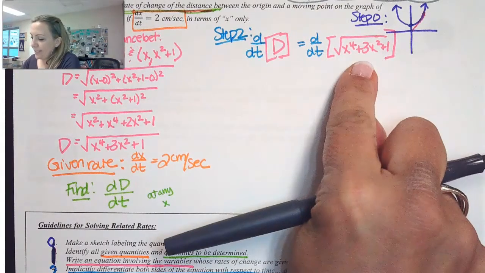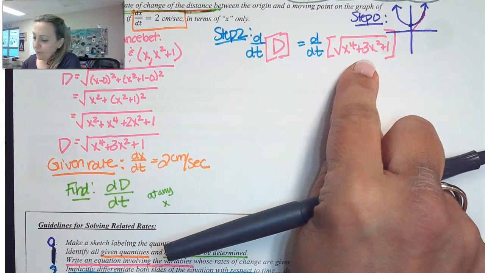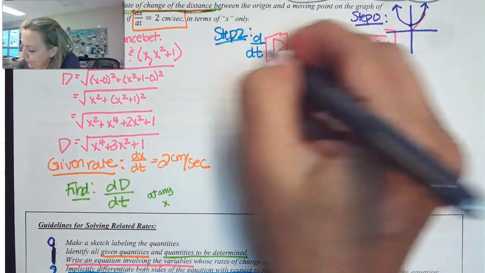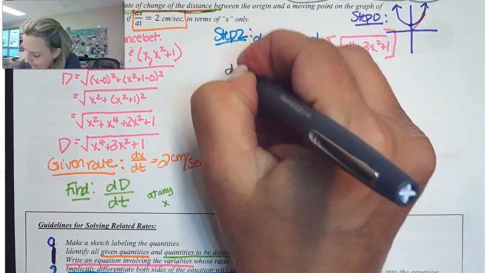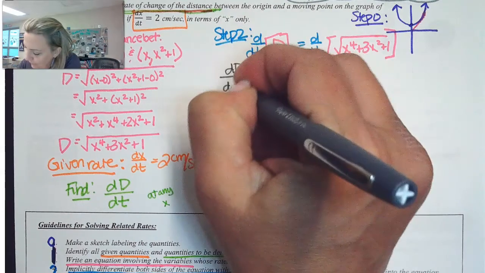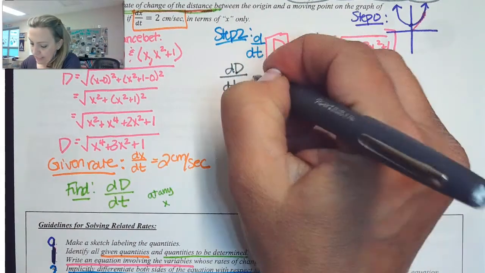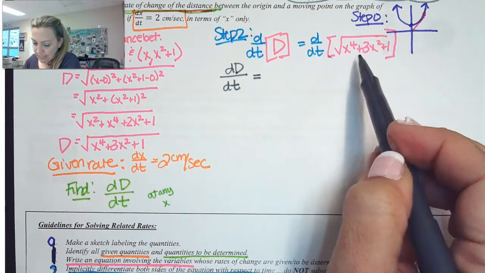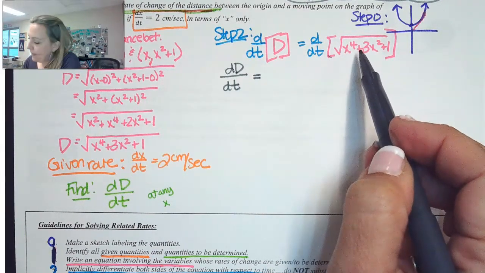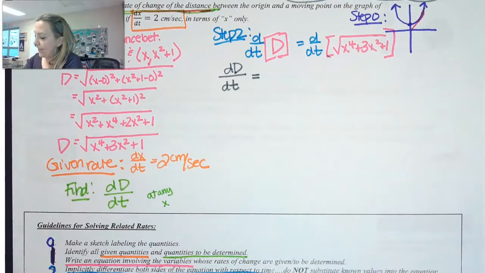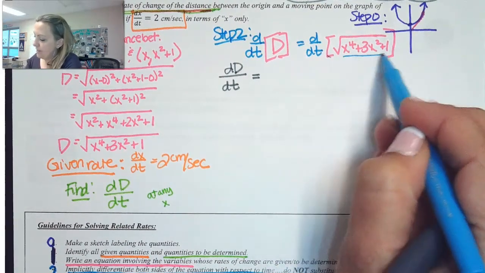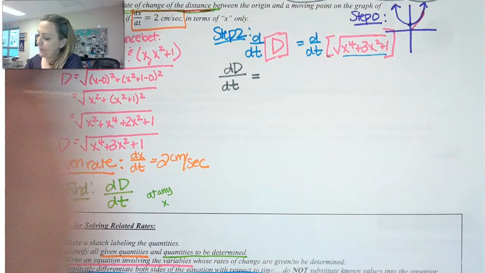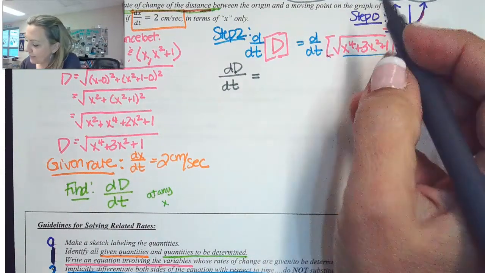You guys agree that this is the same as to the 1/2? I probably should have written it that way. But on this side, we're going to end up with the derivative of d with respect to t, so dd/dt. And then if I want to take the derivative of this, we're going to have to use chain rule, right? So this whole thing is our inside function, and then we have u to the 1/2 as our outside function.